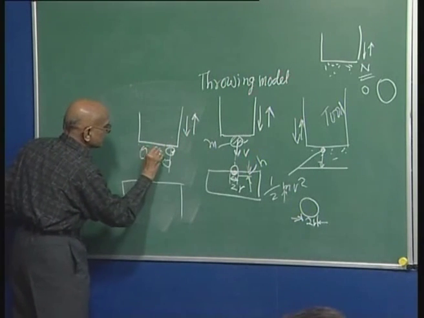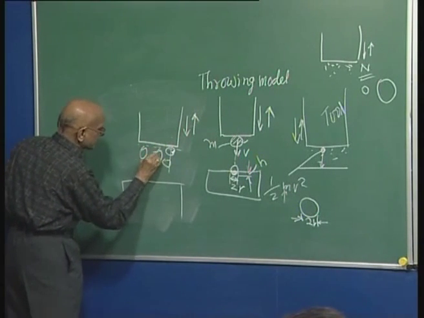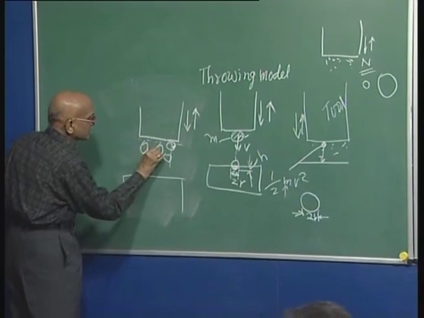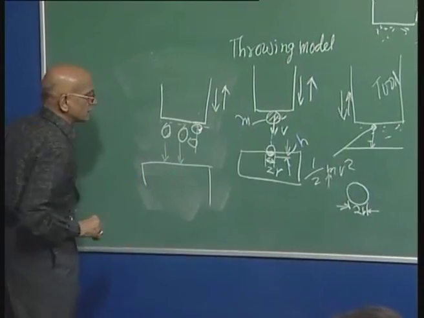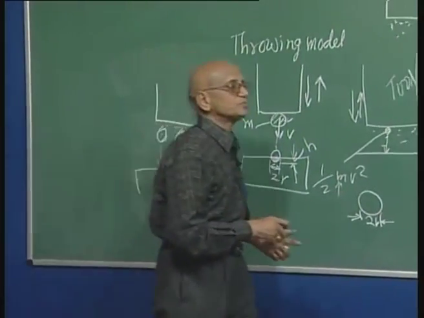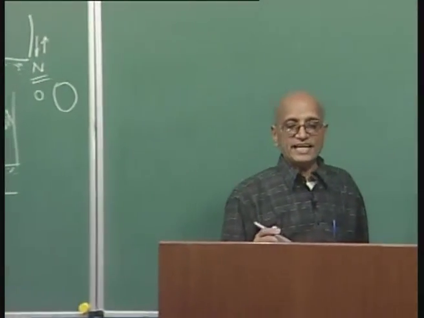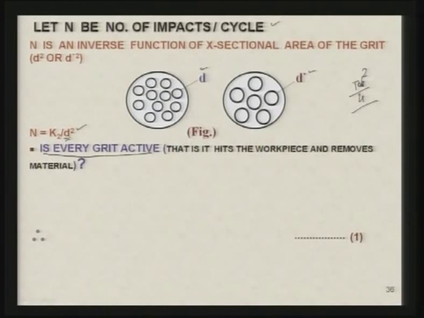It is quite possible that other particles like this or this may not get the impact from the tool and may not be able to hit the workpiece surface. So, the question is whether every abrasive particle is active, that is, it hits the workpiece and removes the material, that is a question mark.